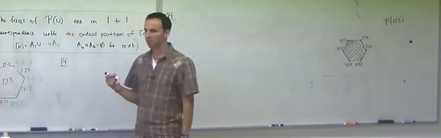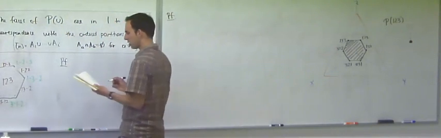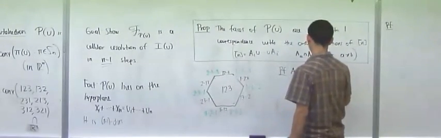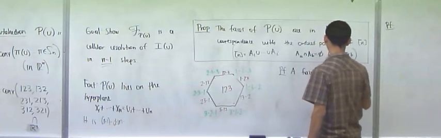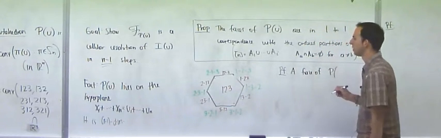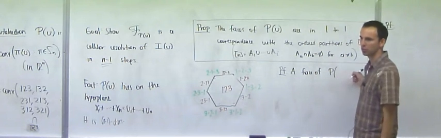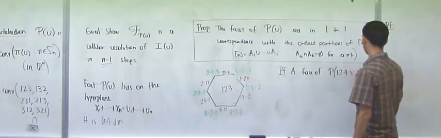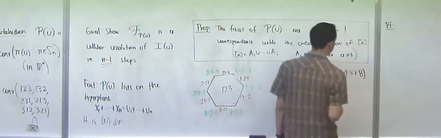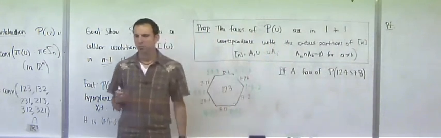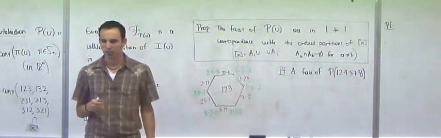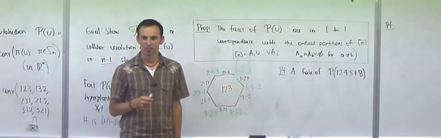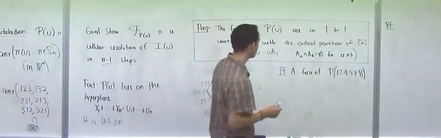Let me just take a face of P of U. For concreteness, let's do a specific U, but you'll see that this generalizes for anything. So let's say, for example, that this is our U. It's of length 6. So that means that we're looking at the 6th permutahedron, which lives in 6 dimensions and has 6 factorial vertices. I guess that's like 720, something like that.